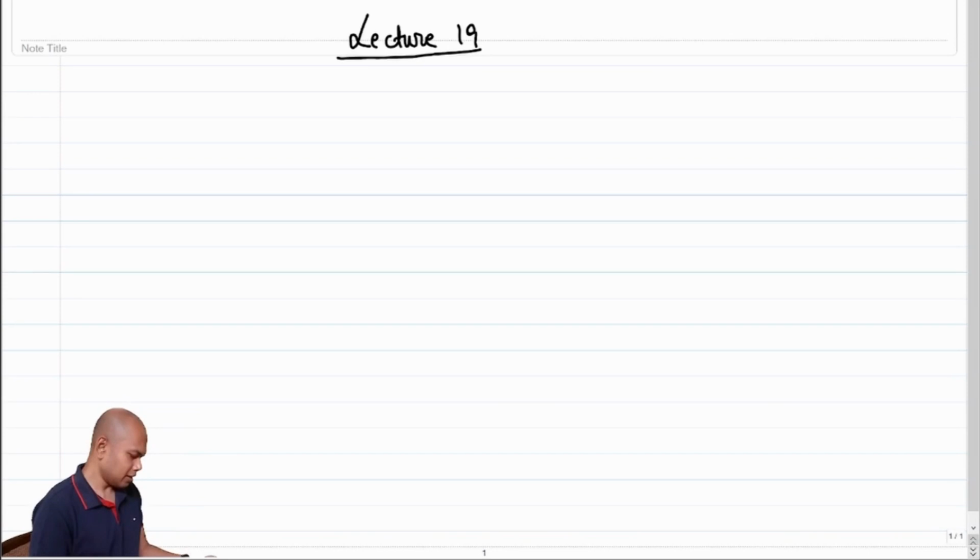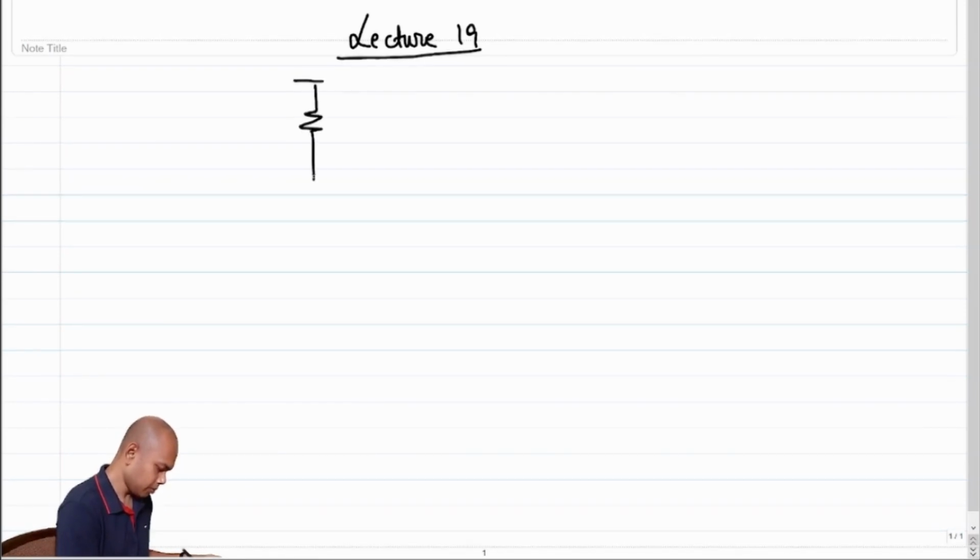So in the previous lecture, we saw another way of designing a common source amplifier where the MOSFET was biased using a constant current source. However, the current source was attached to the source instead of the drain. So if I have to sketch the same circuit again, this is what we saw.